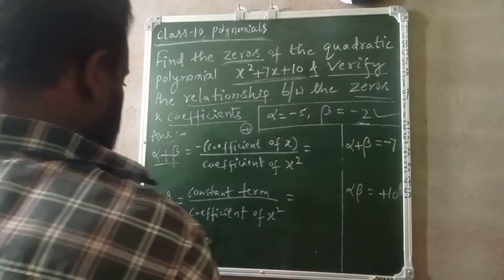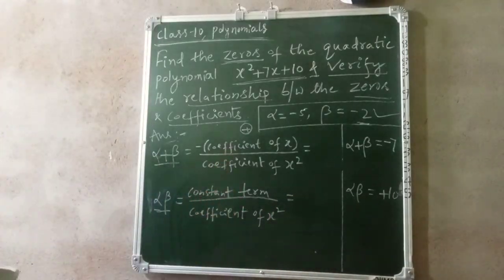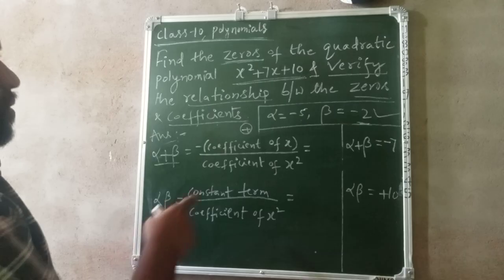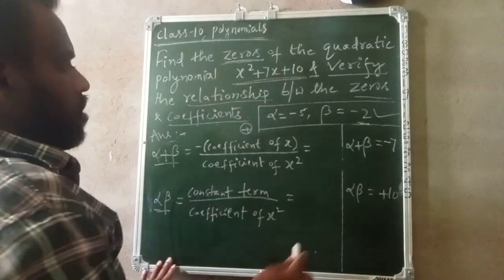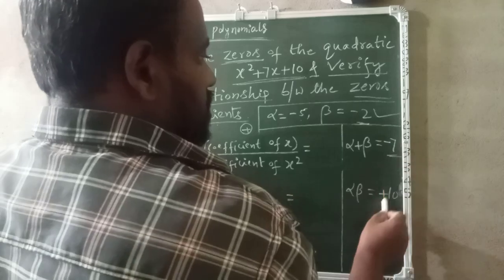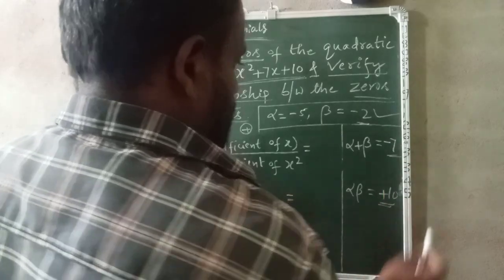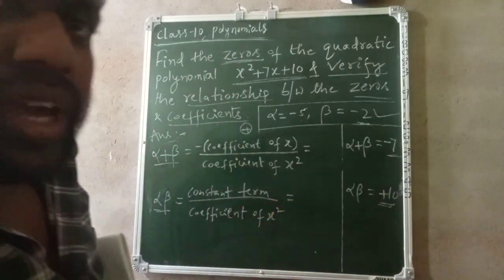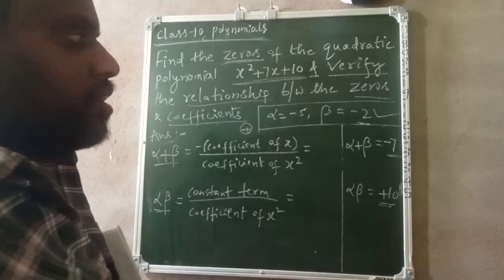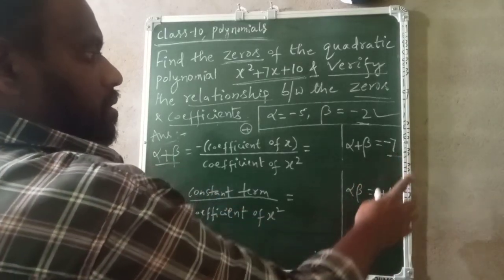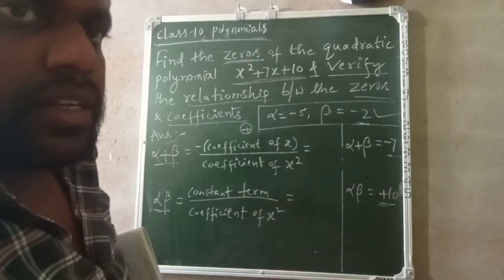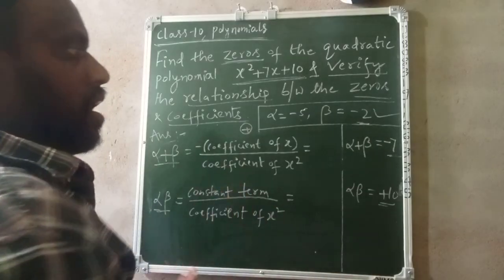Now these are the formulas, right? But we got alpha plus beta is equal to minus 7 and alpha beta is equal to plus 10. Now we have to check whether these values minus 7 and plus 10 are correct or not according to this formula.